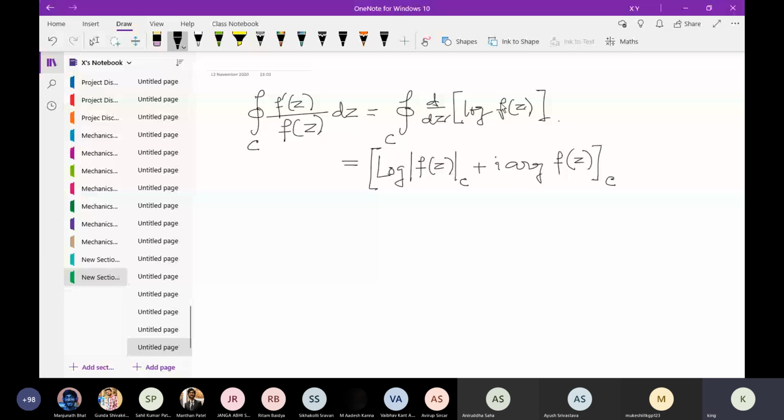So when you take the log of a complex number, unlike a scalar number, it actually has two parts. The magnitude part, if you are moving over a closed contour and you integrate, then you are coming back to the beginning, this is going to become equal to 0. But this part being an angle, this is not going to be 0, and this is the non-zero part that we are seeing coming out.